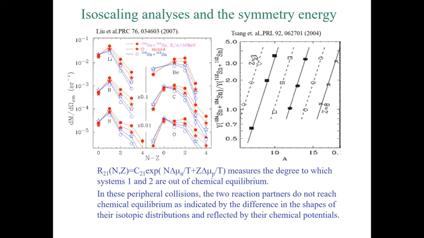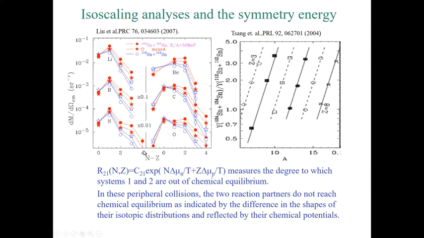So this ratio reflects the difference in chemical potentials. This curve here is going up with the changing neutrons.